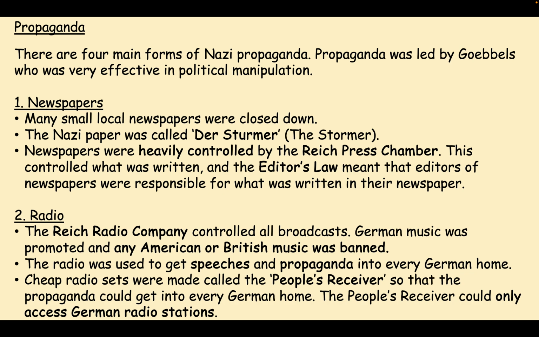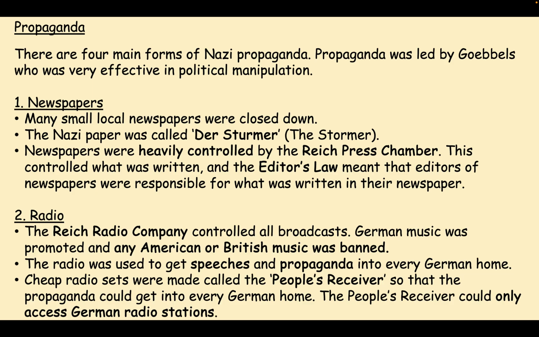Those newspapers that they choose to keep, all of them are heavily controlled by the Reich Press Chamber. So the Reich Press Chamber is set up and it controls exactly what is written. And the editor's law means that editors of newspapers are personally responsible for what is written in their newspaper.